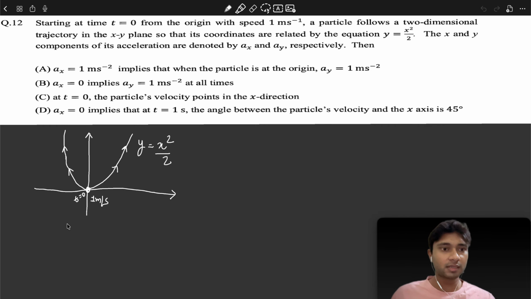So it is first option: ax is equal to 1 meter per second square implies that when the particle is at the origin, ay is equal to 1 meter per second square.